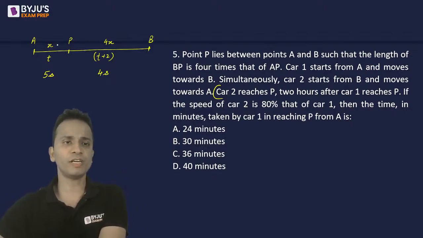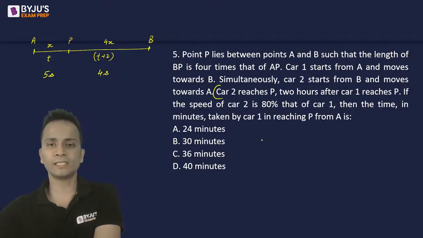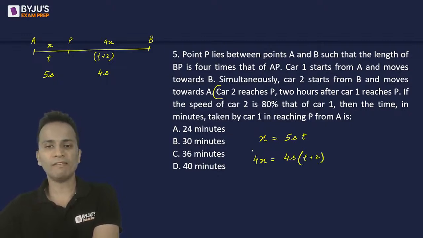For the first car, distance is equal to speed multiplied by time. Similarly, for the second car, distance is equal to speed multiplied by time. I will divide these two equations. So x will get cancelled, s will get cancelled.